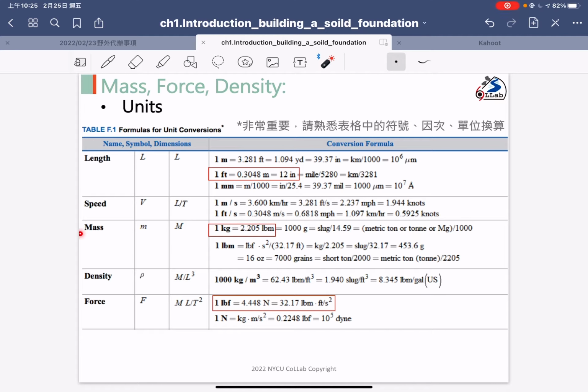And you know that for the mass, 1 kilogram is equal to 2.205 pounds. Okay, and if you compute by your calculator, you can understand that 1 pound mass is equal to 0.454 kilograms.